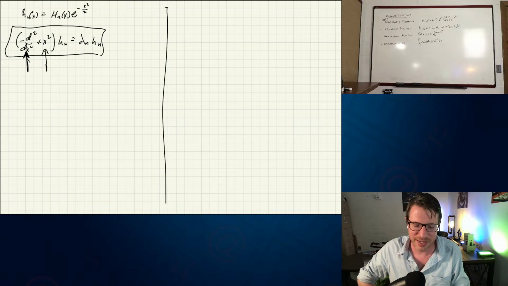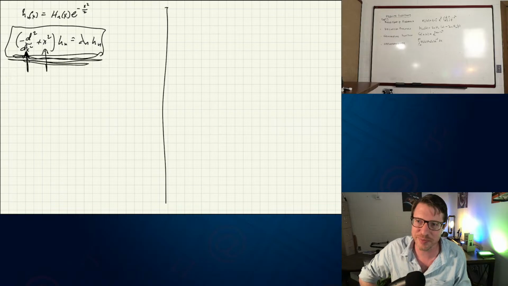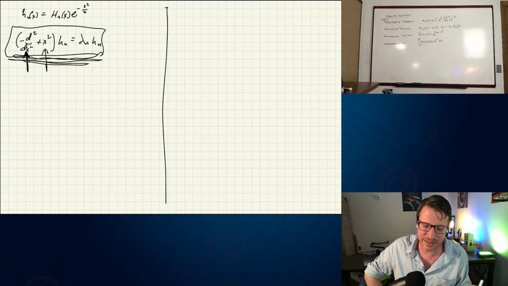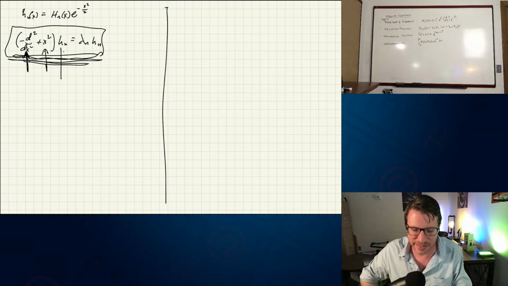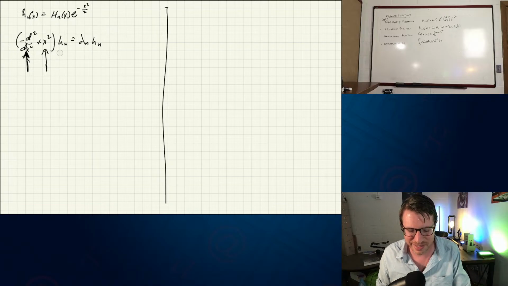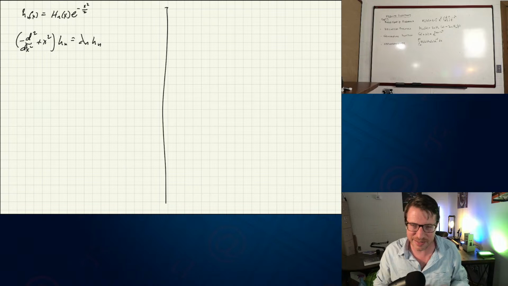It preserves this differential equation relationship, so h_n of x satisfies the same differential equation on the other side of the Fourier transform, and ultimately they become eigenfunctions for the Fourier transform.